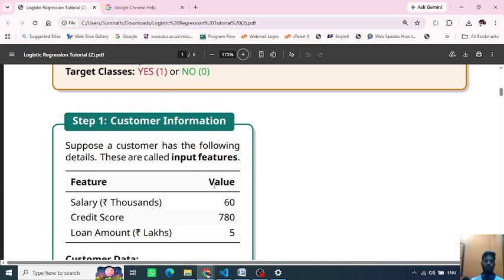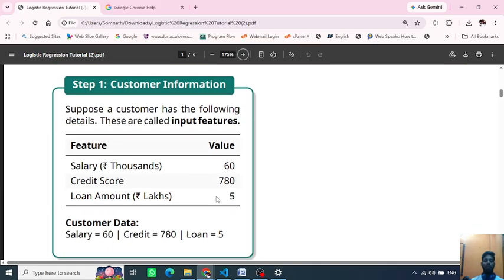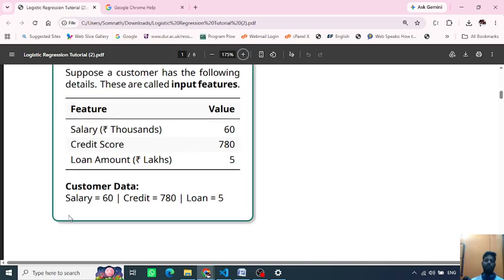Here we will work with this data set. Suppose the customer has the following details. These are called input features: salary value is 60 in thousands, credit score 780, loan amount is 5 in lakhs. So the customer has salary 60, credit score 780, and loan 5.